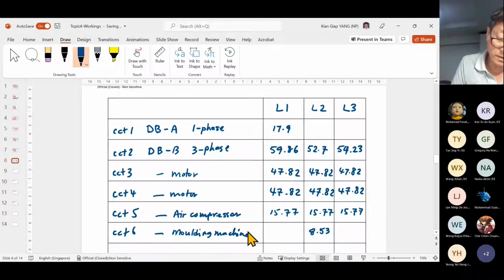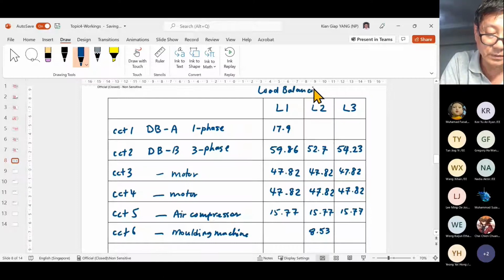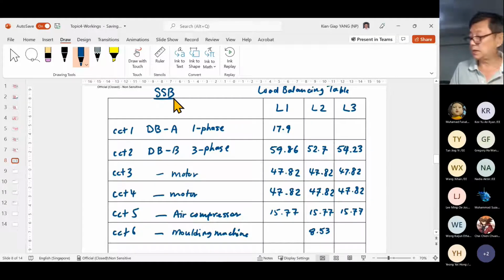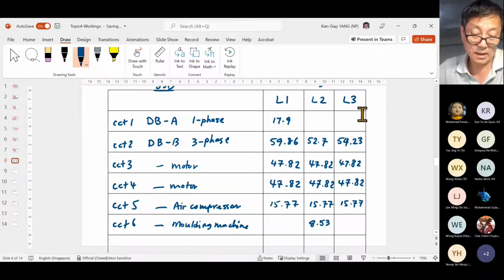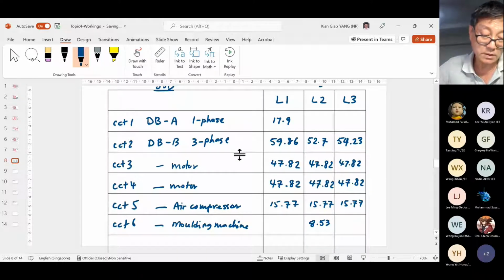Okay. So basically what I have done is that I have done a load balancing table. So in PBL 2.2, you need to have this table. SSB. Right, now once I have this table, diversity, I don't have to apply because I'm not given any diversity.